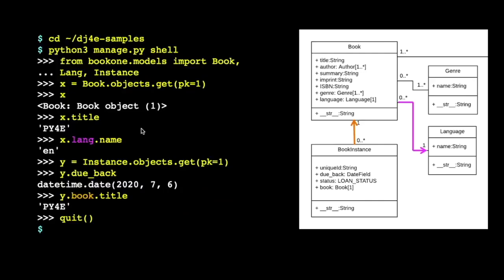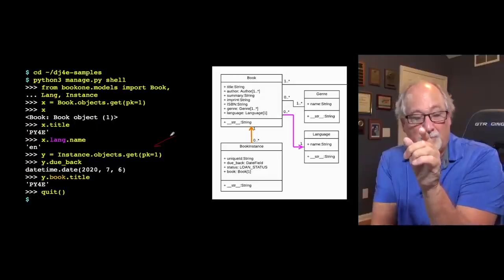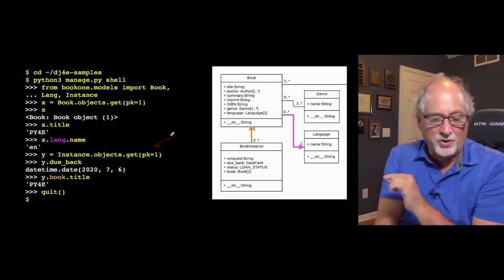And now we're going to go grab the book instance number 1, the first row of the book instance table. So instance.objects.get pk equals 1. That says give me that first row, give it back to me in the variable y. What is the due back of this one? And then you can walk it. You can say, I'm at a book instance, and I want to follow the foreign key to the book table to get me a book, and then give me the title of that book.